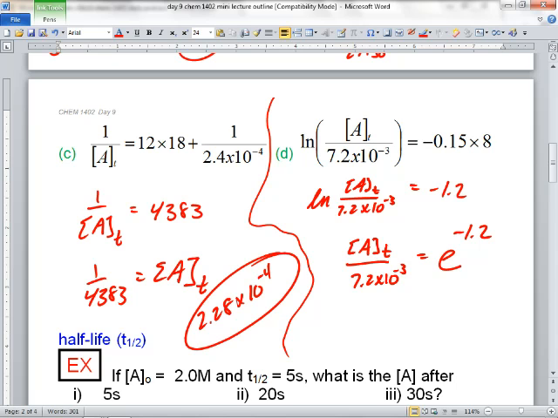That's 0.301. You should plug in a negative 1.2 and then shift e to the x. Okay. Concentration of A at time t. Now you got to do what? Do the diagonal. Yeah, bring it up to the top.